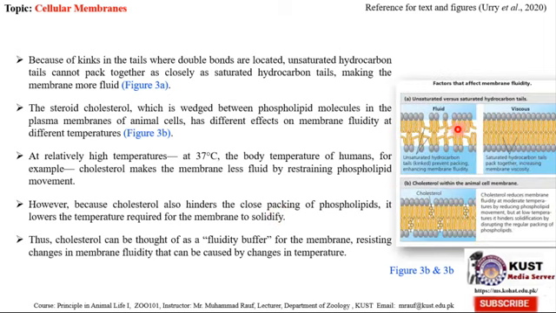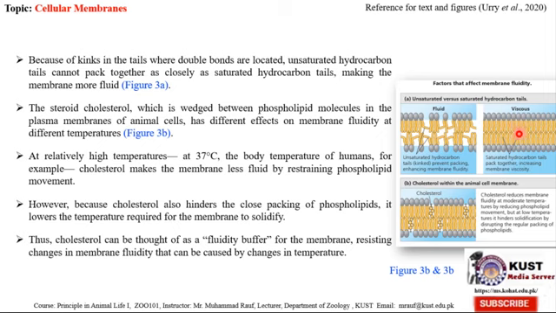You can see here a plasma membrane having more unsaturated fatty acids will be fluid and permeable to a greater extent as compared to a plasma membrane having saturated fatty acids.